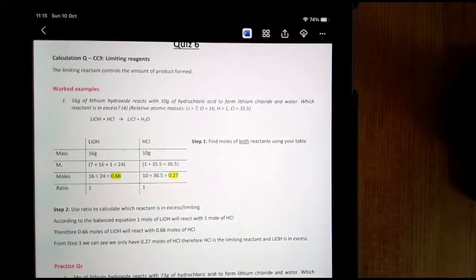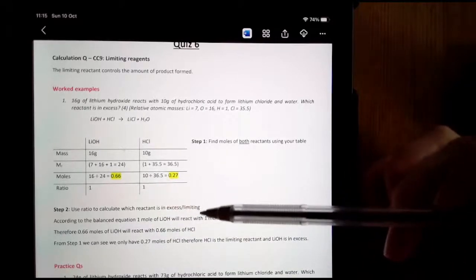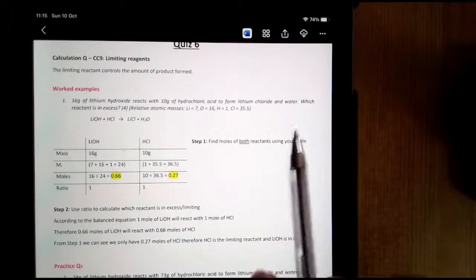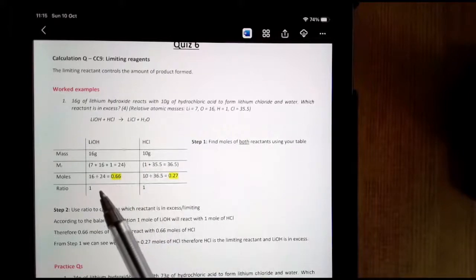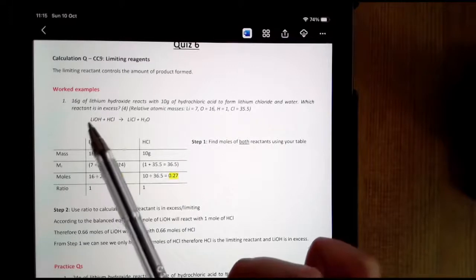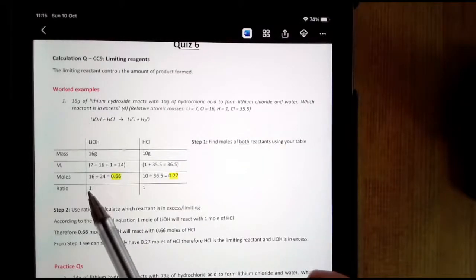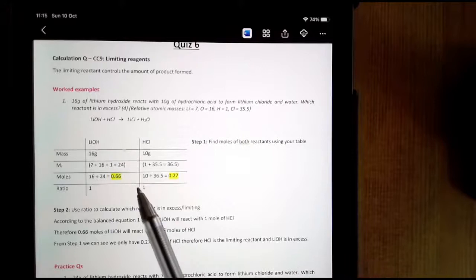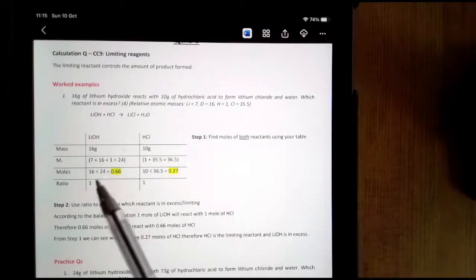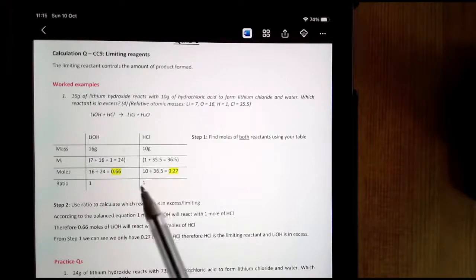Then, in your second step, you need to use ratio to calculate which reactant is in excess or limiting. So at this point, I would go back to my equation and fill in my ratio. There's no number in front of LiOH, so I fill in 1. There's no number in front of HCl, so I fill in 1. What my ratio tells me is if I had 1 mole of LiOH, I would need 1 mole of HCl to react with it.